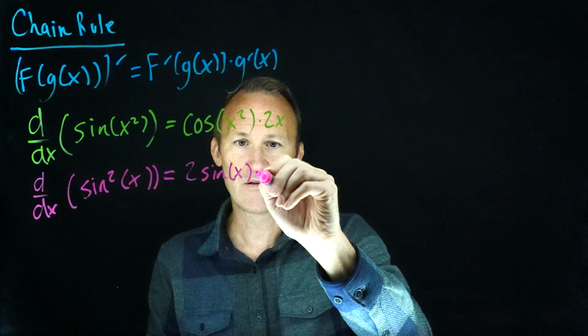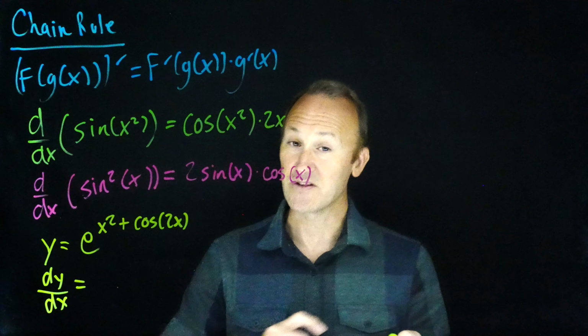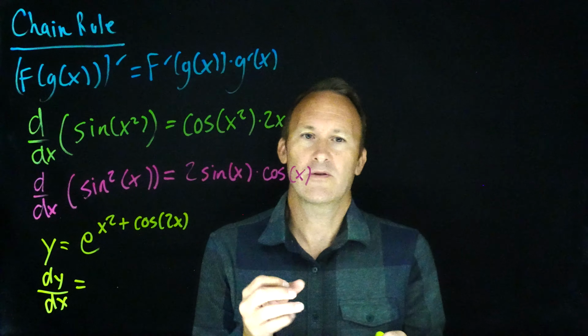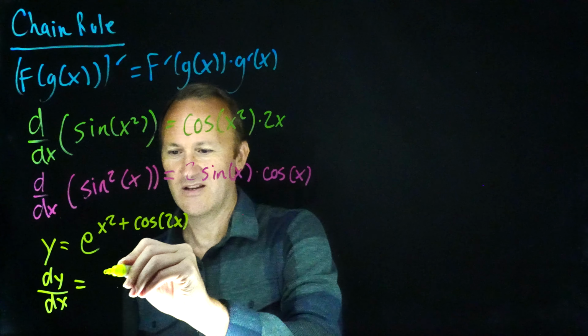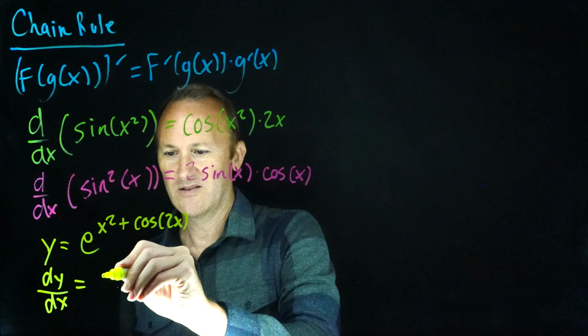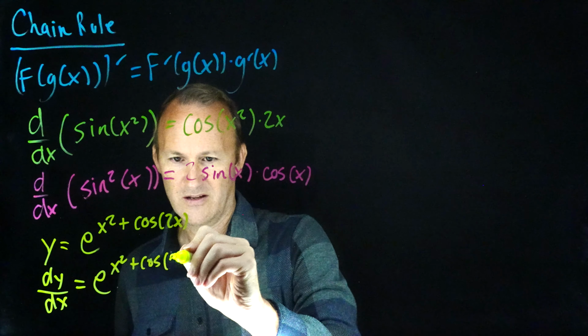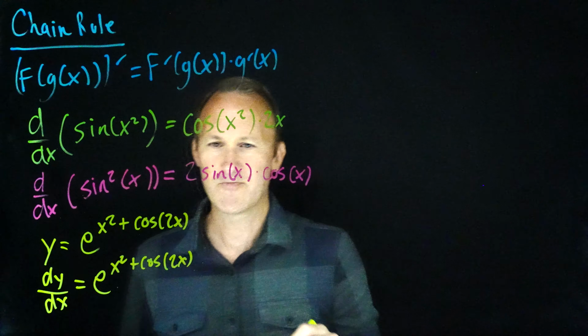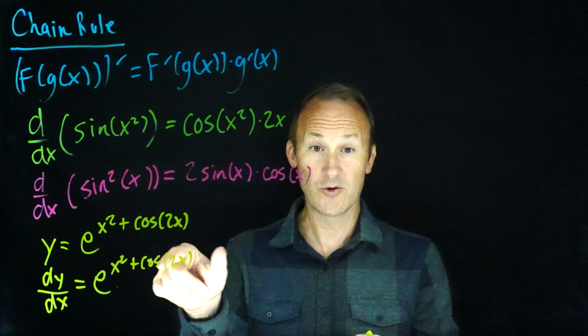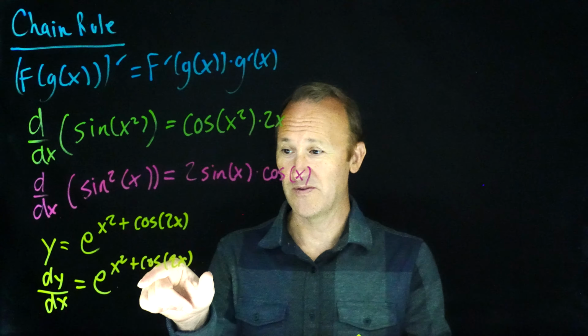So we want to know dy dx, same as y prime. We've got e on the outside, we've got e to something. It's not just e to the x. So we would like the derivative to be just e to the x squared plus cosine of 2x, but certainly what is in the exponent, the x squared plus cosine 2x, matters.